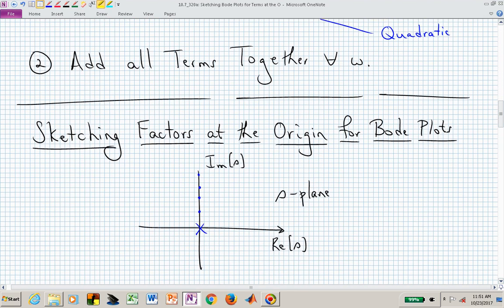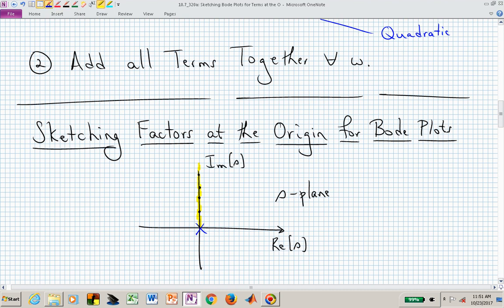Here's a way of thinking about this in terms of what's happening. We're now sketching factors at the origin. Suppose we had a pole at the origin, or at s equal to 0, and we're looking at frequency response, which means we're evaluating the length and the angle associated with that pole along the imaginary axis.